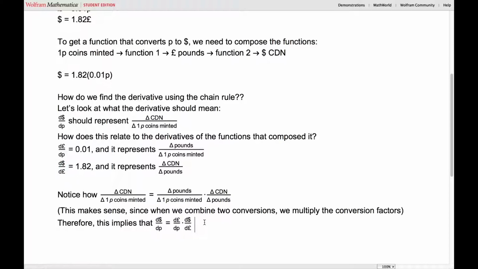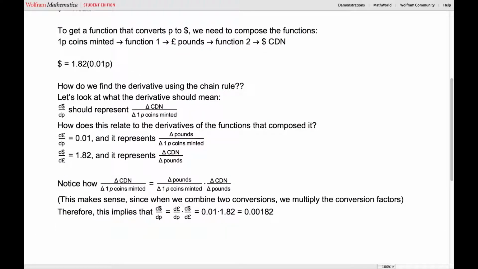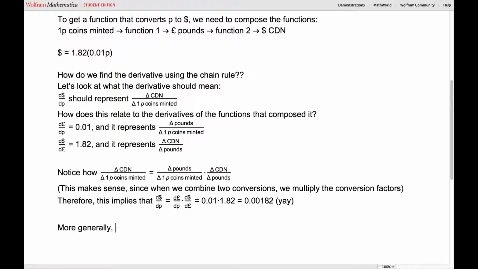In this case, we're using pounds as an intermediate variable. We're converting first from 1p coins to pounds, and then from pounds to dollars. And that is the composition of the two functions. We multiply the two derivatives, 0.01 times 1.82, and we get that the derivative of this whole thing is 0.00182. Awesome.